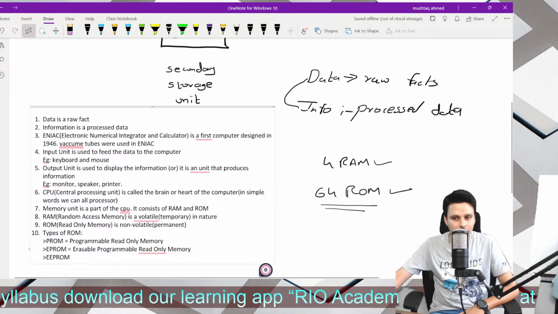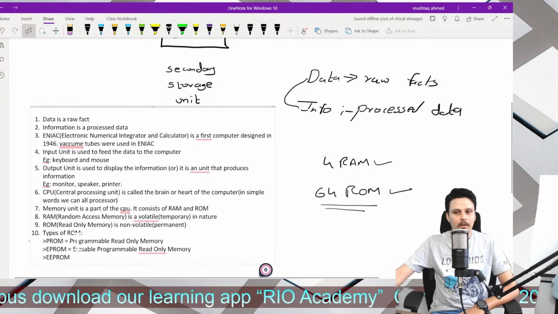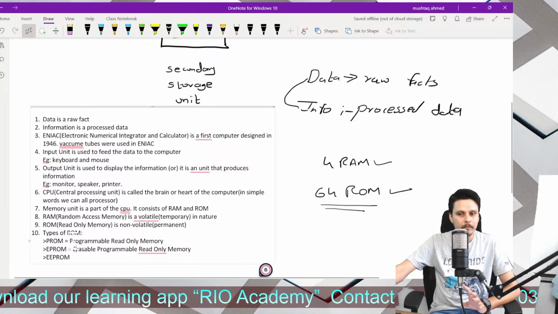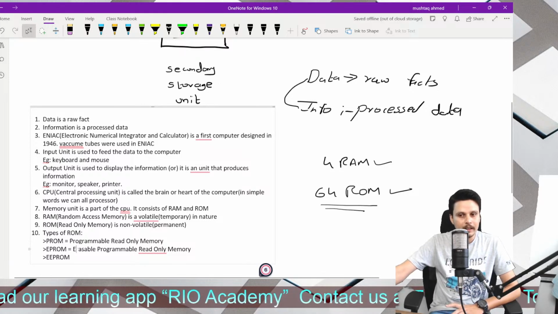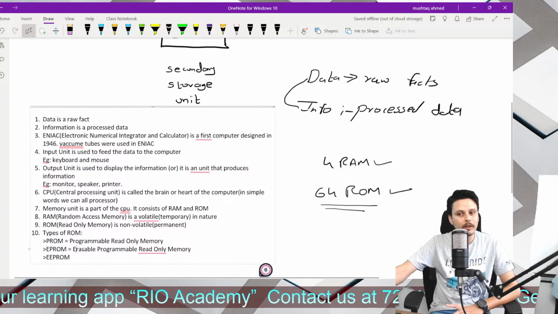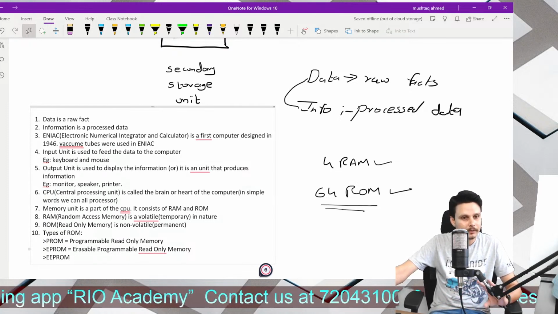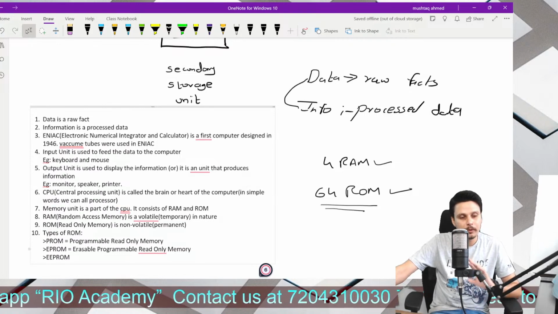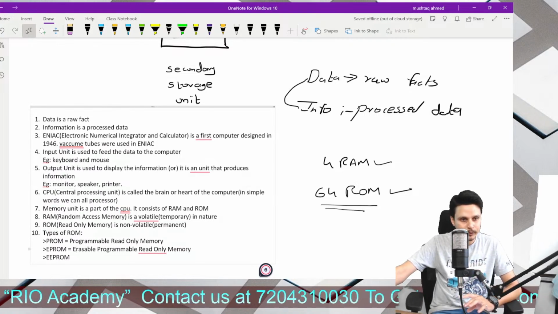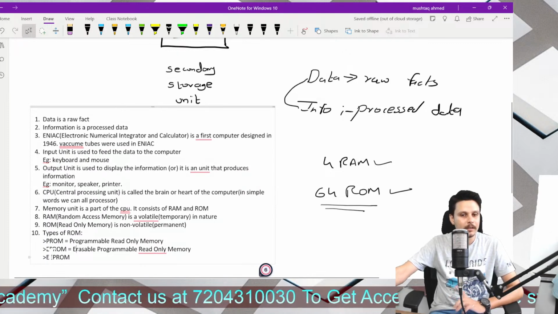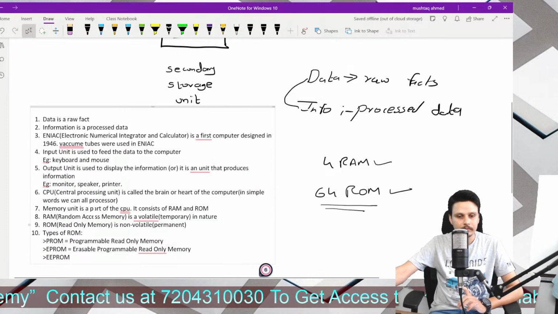That is why PROM means programmable read only memory; some programs will be there. EPROM means erasable programmable read only memory. We can erase those programs from the ROM.